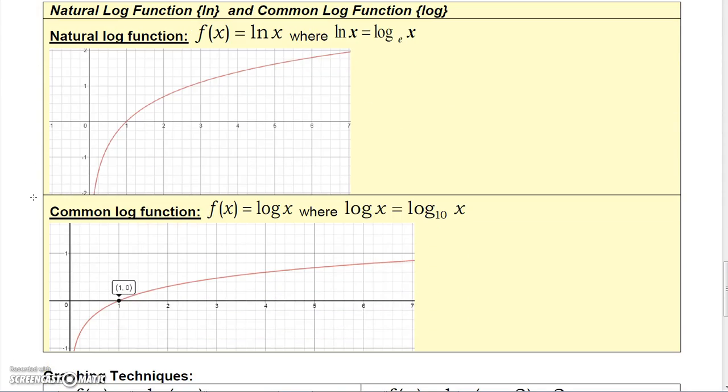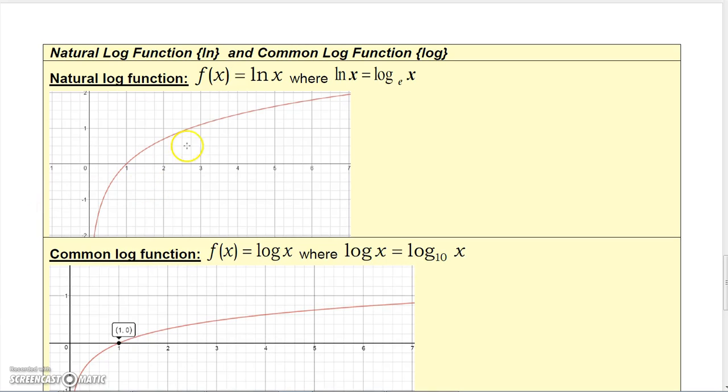Okay, so a couple of common functions that we want to talk about are the natural log function. Anytime you see this function, ln(x), it's called the natural log function. It's the log function that has base e, and it looks like this.